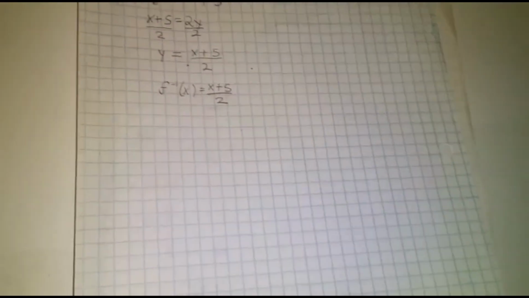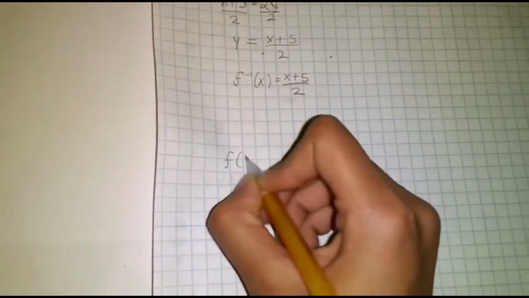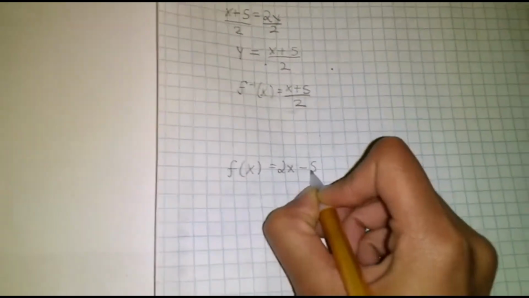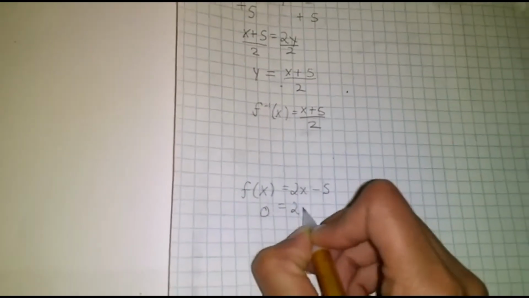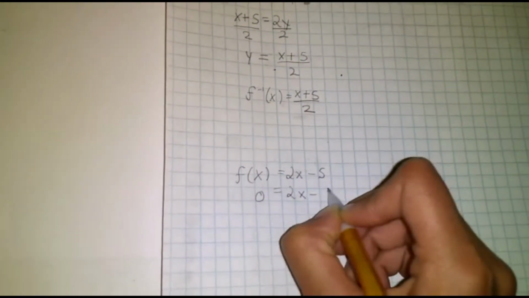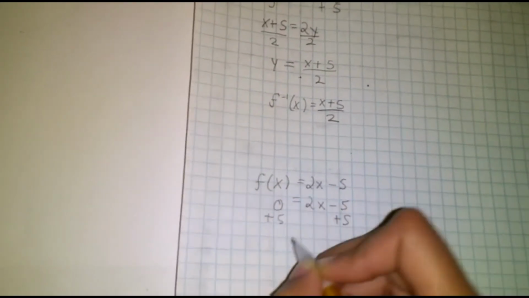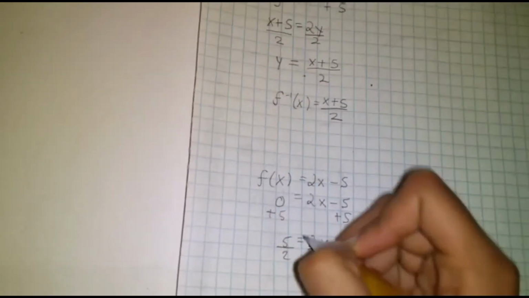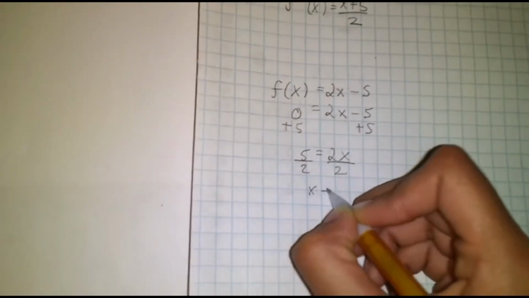So for function f of x equals 2x minus 5, you can set y equal to 0, and this gives you the answer x equals 2.5.